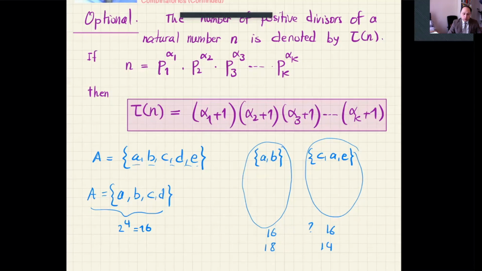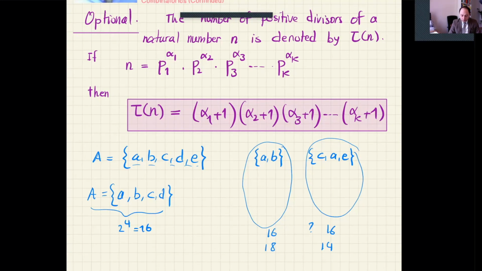Do you believe that 8 of them have an even number of elements and 8 of them have an odd number of elements? Does the answer somehow depend on the cardinality of the original set? Or is it always the case that half of them have an even number of elements and half have an odd number of elements?